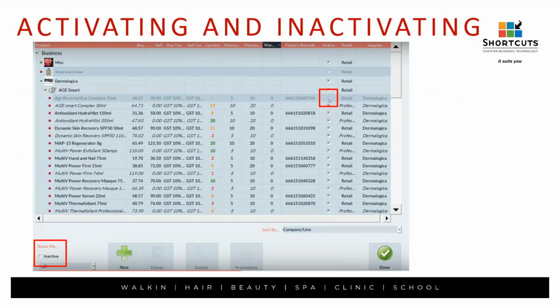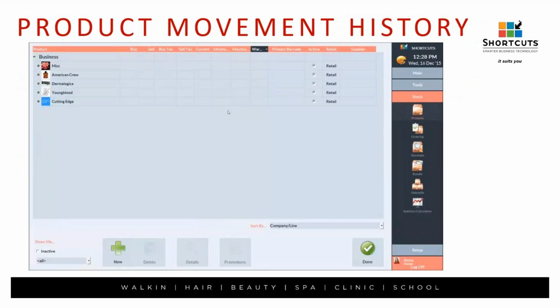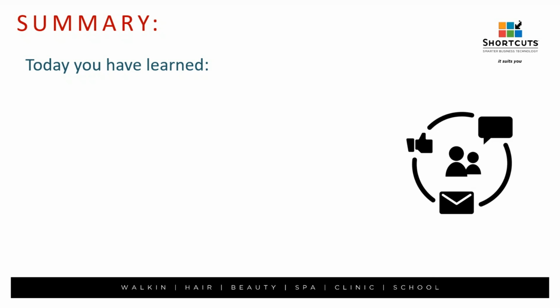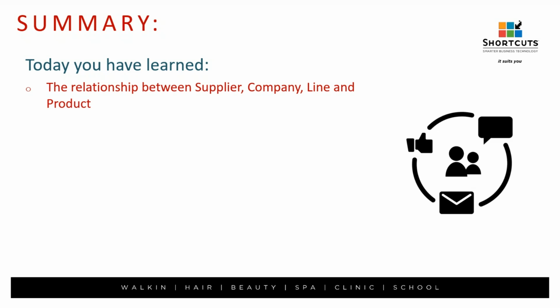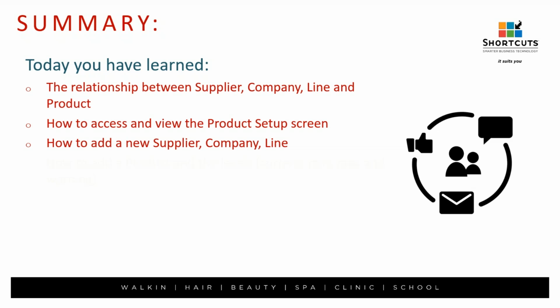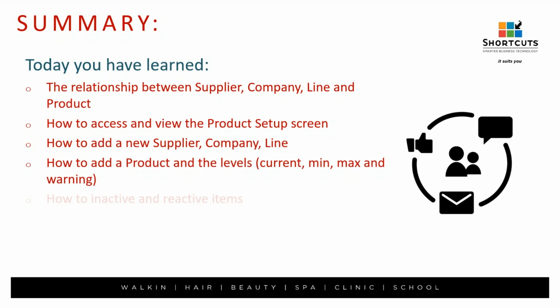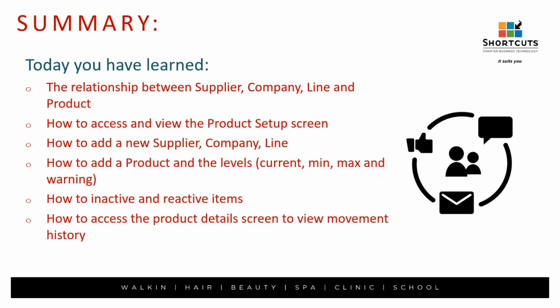So we know how to hide things, add things, track things. We know about product movement. So that is just the basics in inventory. Next week, we're going to do a deep dive on product management in Shortcuts. So then we'll actually look at generating an order, receiving an order, and even doing an inventory count.